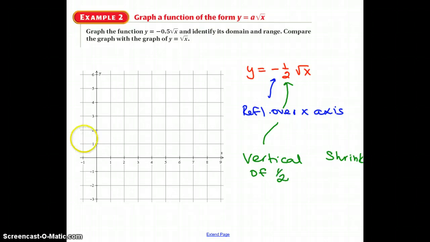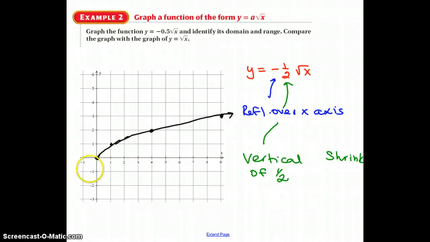So first what I'm going to do is I'm going to graph my parent function so I can use my points. And I'm just going to fix this real quick because I missed my point here. Okay. So I'm going to do both of them together.